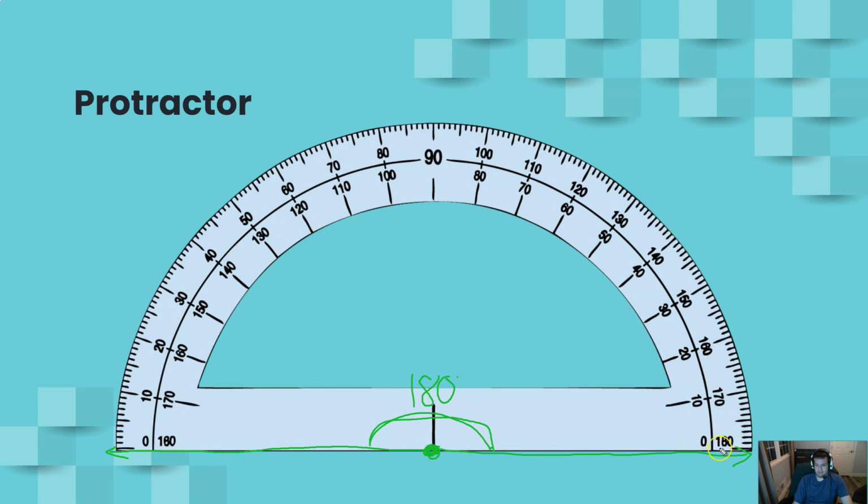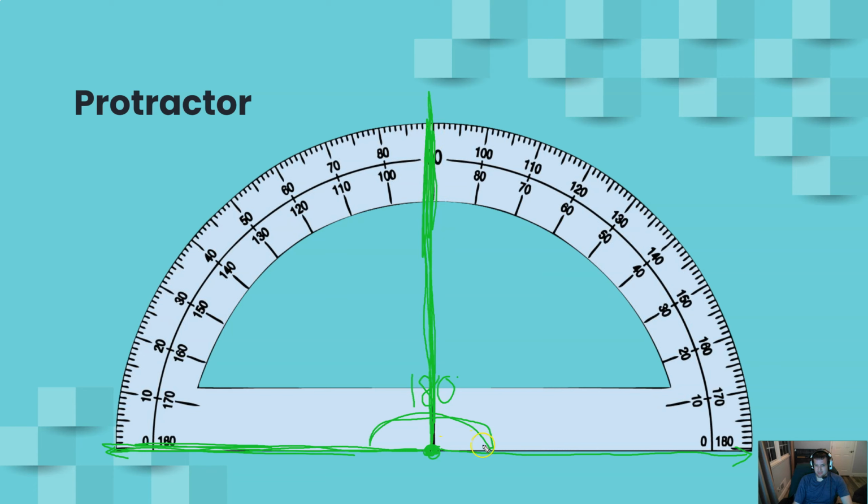As you can see, the numbers start at 0 and work their way all the way around to 180 degrees, right? Here's the 180 degree mark. Here's the 90 degree mark. If I was just a little bit more accurate, there we go. Here's the 90 degree mark, right?